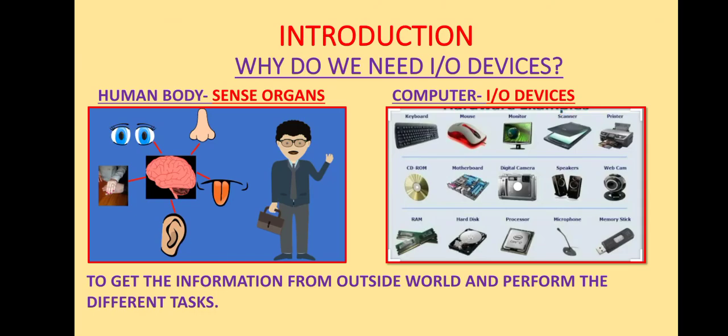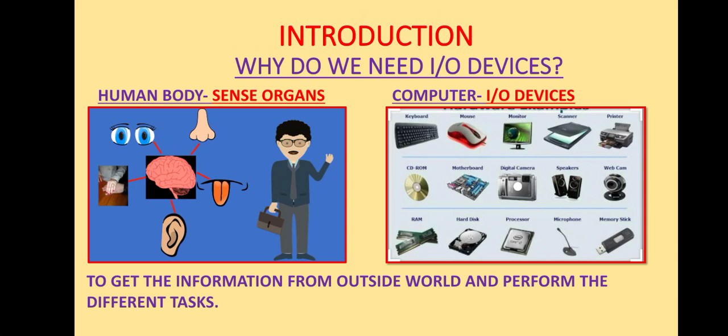Why do we need input and output devices for a computer? As shown on your left hand side, the human body uses different sense organs to collect information from the outside world. That information goes into the human brain where it is processed, and depending on that information we do some actions.